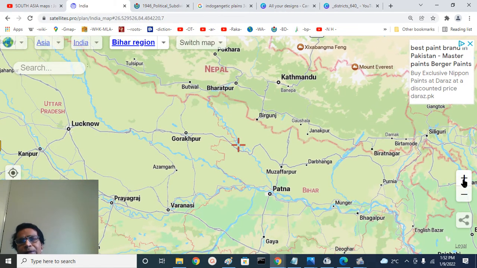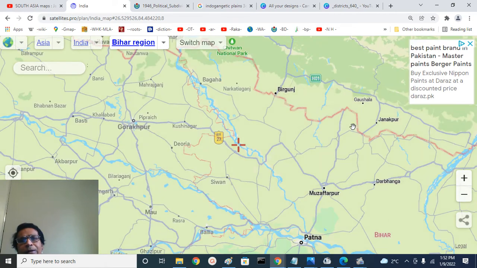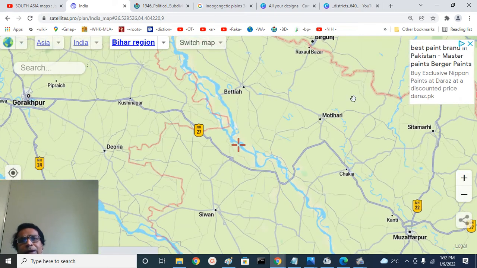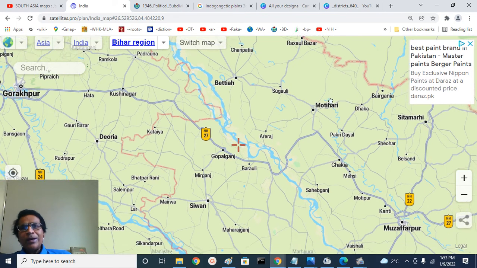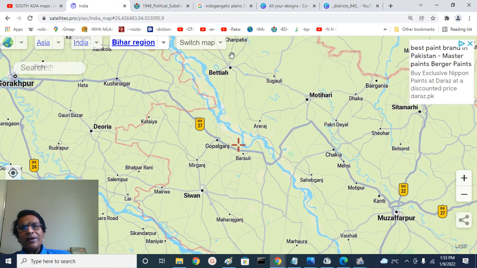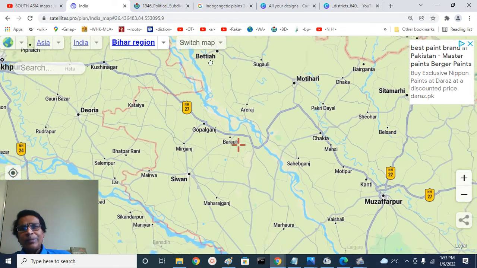the town in Nepal, and close to Birganj we have Raxaul Bazar, and the Treaty of Sugauli or Segauli was signed here, terminating the war and establishing peace and amity between the British East India Company Bahadur and the Gurkha Kingdom of Nepal. This is the Gandak River, this is the Tirhut or Champaran region.